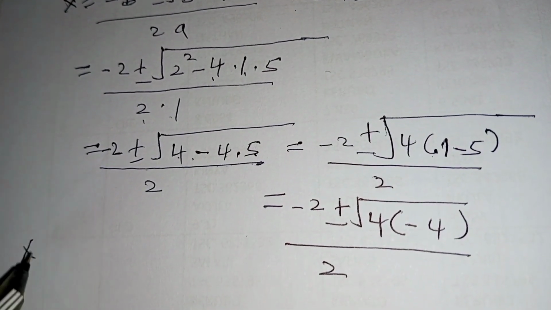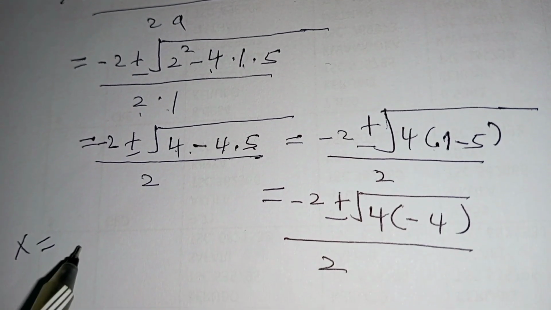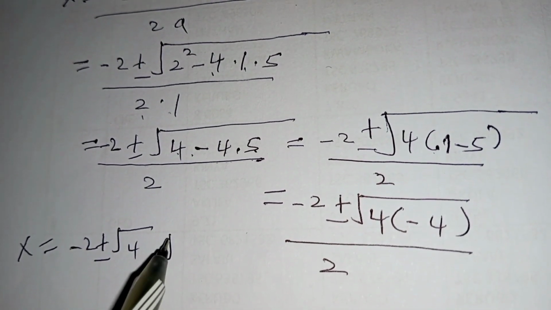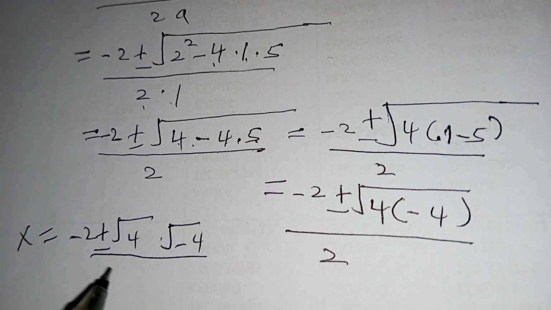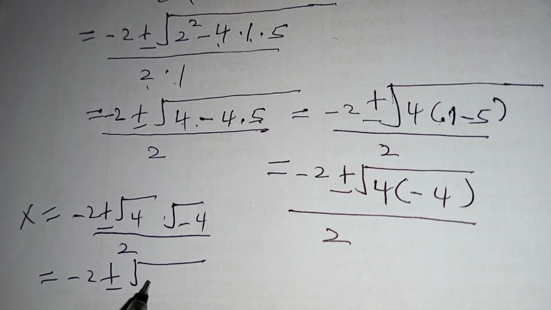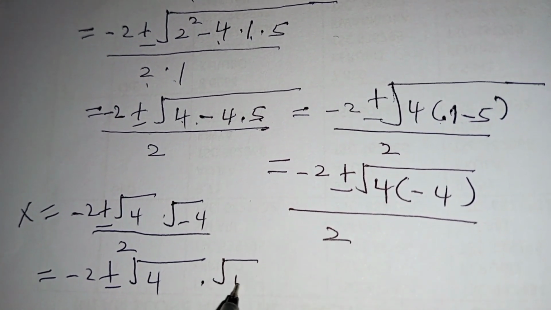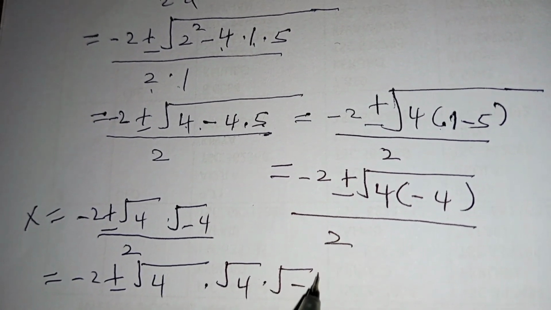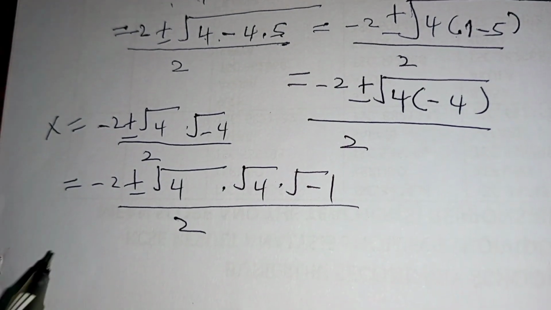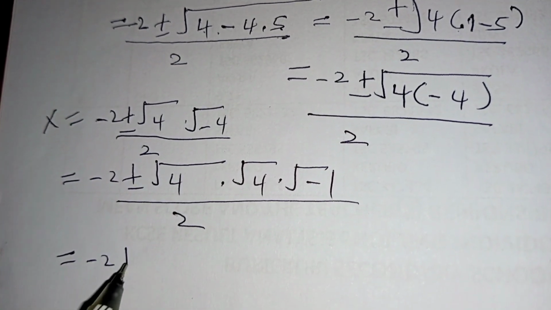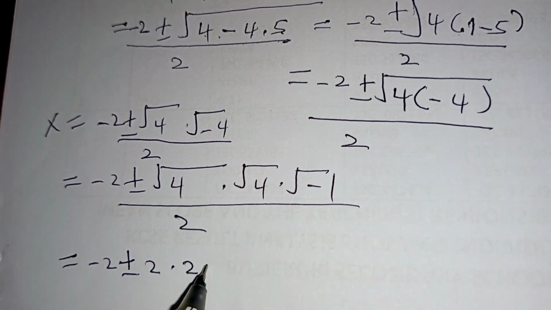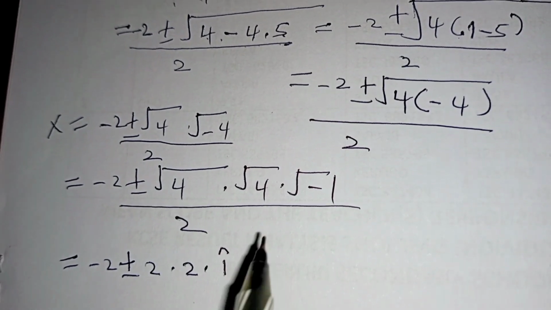So our x will be equal to negative 2 plus or minus the square root of 4 multiplied by the square root of negative 1, and you divide your result by 2.